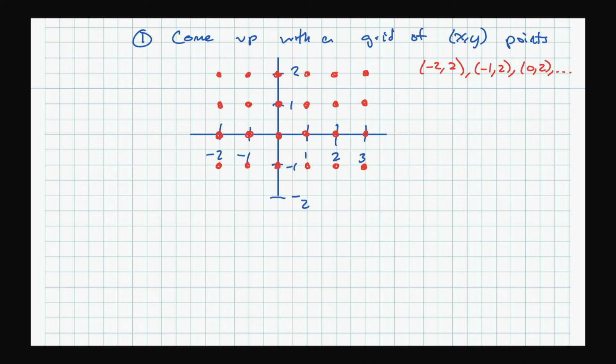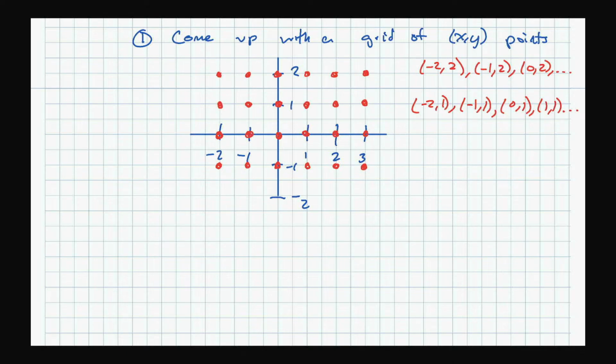And then when you get tired of those, then you can go down to the next row, which was like -2, 1, -1, 1, 0, 1, 1, 1. You get dot dot dot.